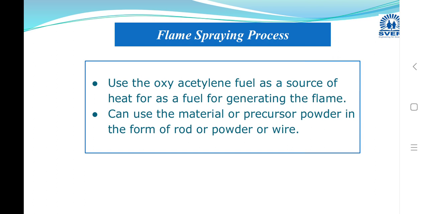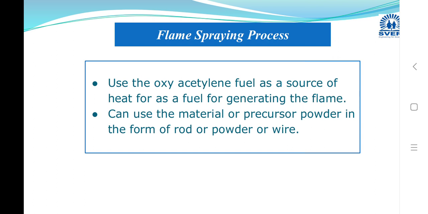This technique can use the precursor material in the form of a rod, or in the form of powder, or in the form of wire. Depending on the type of precursor, you have a different kind of nozzle, and you have to design the nozzle accordingly.